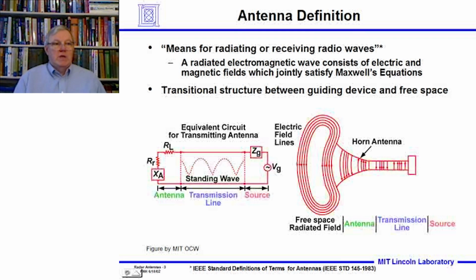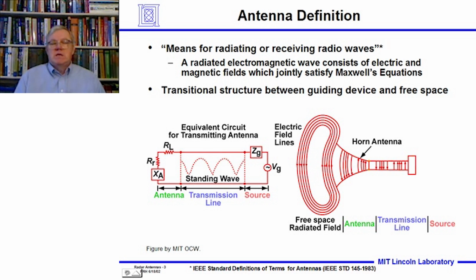And we're going to show you exactly how those electric and magnetic fields behave. And notice it's a radiated electromagnetic field. By that, it implicitly means that the energy in the electric and magnetic fields is propagating out in space. And they satisfy Maxwell's equations, which are the physical laws governing all electromagnetism.